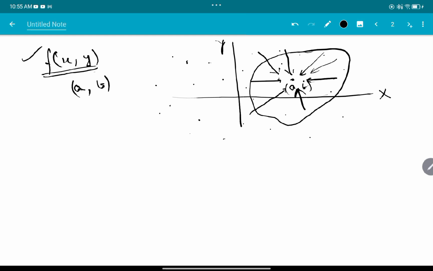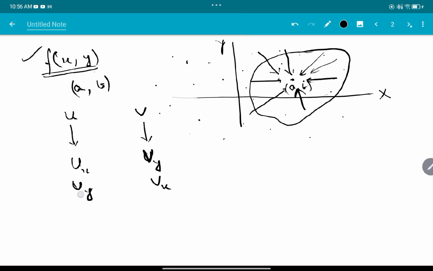Now the question is, in the case of these complex functions, you have u and v. Suppose u is continuous. If u is continuous, only then can you define u_x. If v is continuous, only then can you define u_y. You can define u_x, u_y here, and similarly v_y and v_x here.